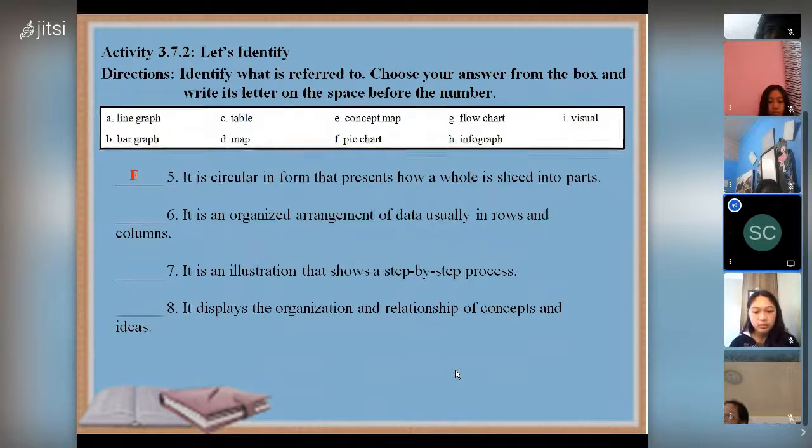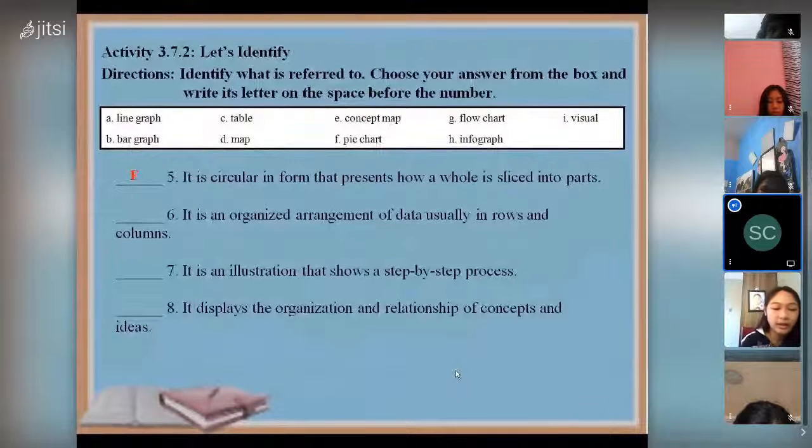So number 6. It is an organized arrangement of data, usually in rows and columns.